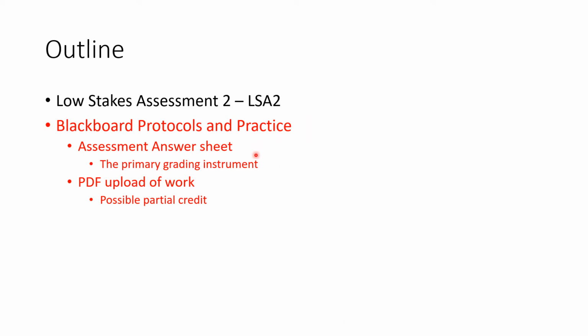We're going to learn that on this submission, there is an assessment answer sheet. And just like on the high stakes assessment, that's why we're practicing it here, this is going to be the primary grading instrument. Pay attention to this. And we're also going to talk about the PDF upload of work, which will allow you to get potential partial credit.